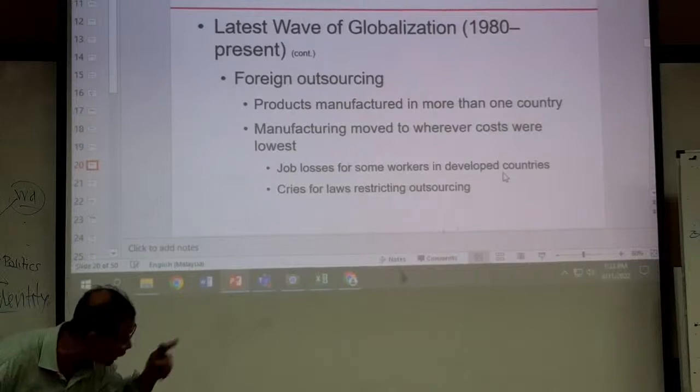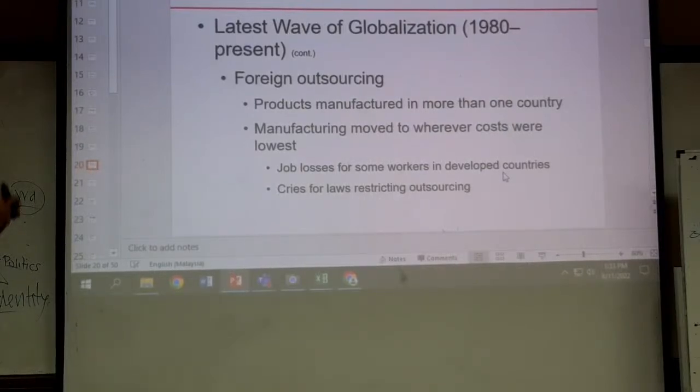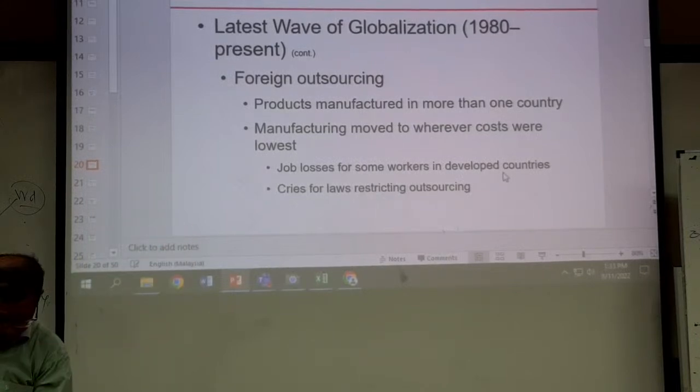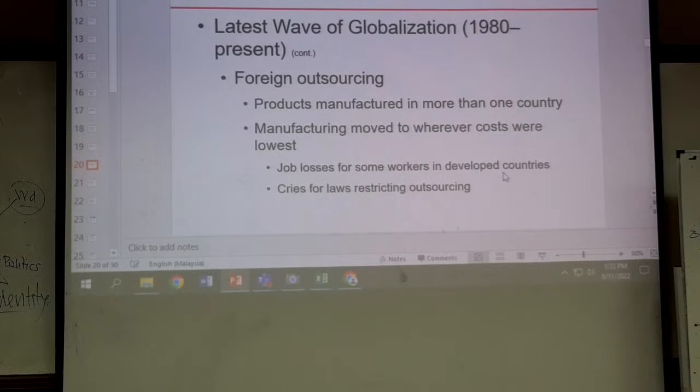Foreign outsourcing, this is the example of theory that we want to learn. Don't try to make everything by yourself. You buy the ones that you cannot make efficiently, you outsource.